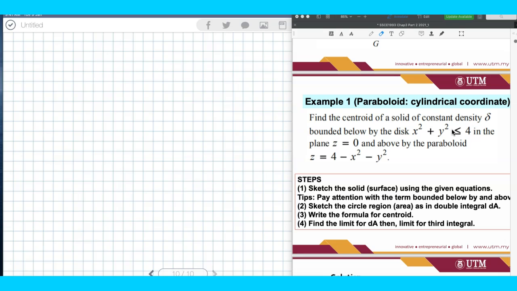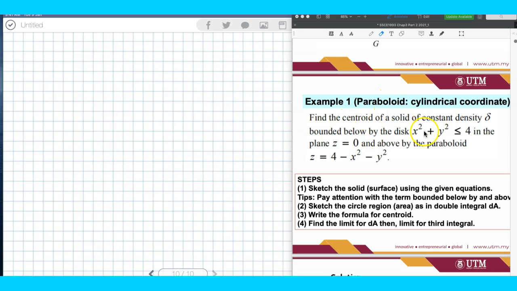In order to get some idea which coordinate system gives you a better way, because you have to work fast, maybe you don't have much time, you have to choose which coordinate system is the most appropriate one.